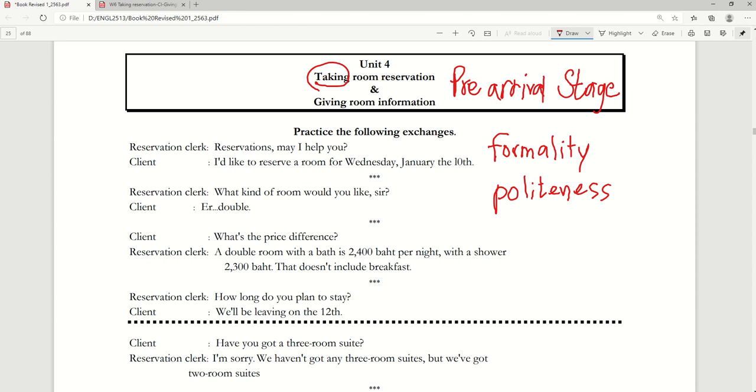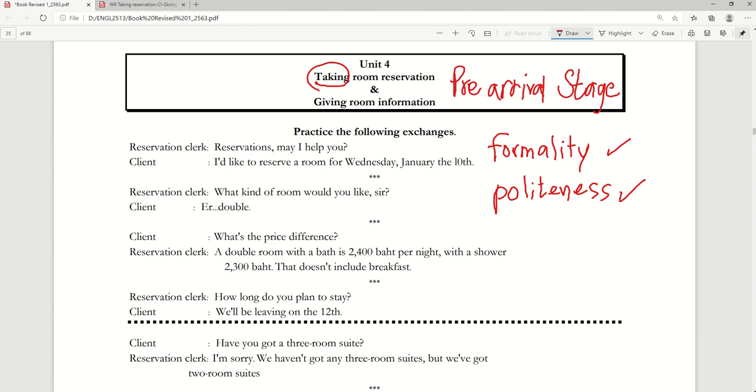We talk with friends, we talk with teachers, we talk with the prime minister, the royal family. We do have different patterns which show formality and politeness. Same as in the hospitality industry context.